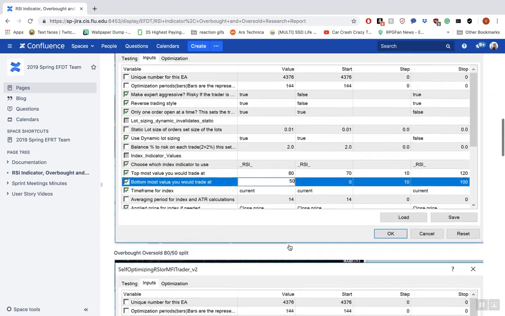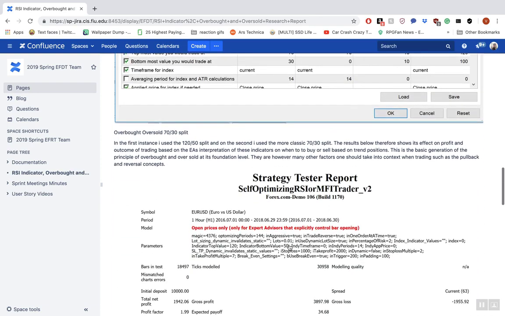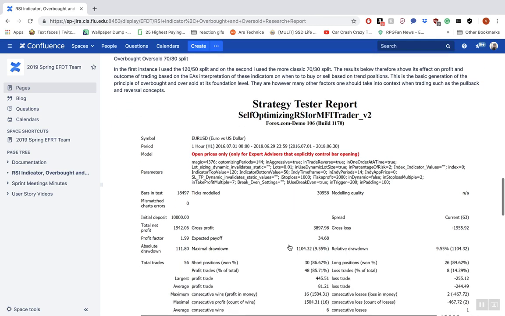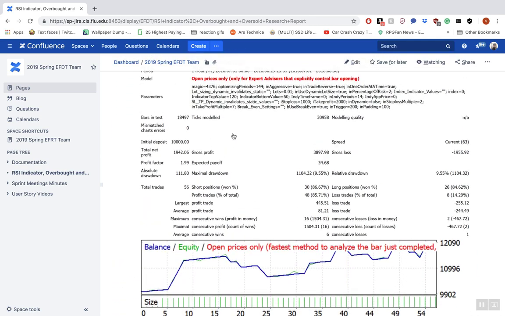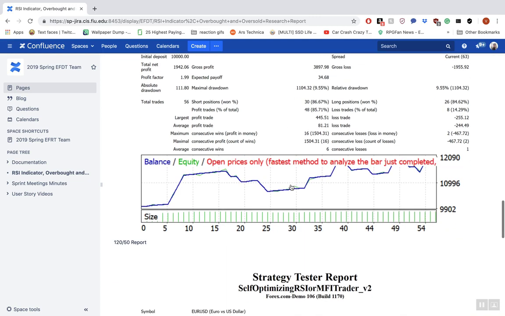However, we did get results based on this, and as we see here, we did generate some profit even though it was outside the general top and bottom positions.